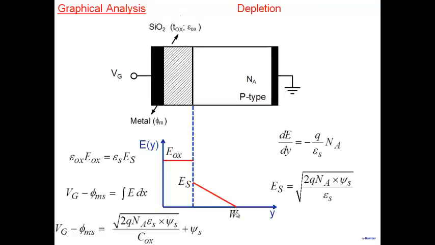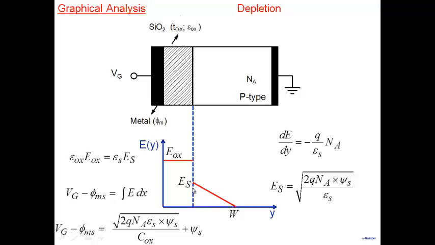And this equation can also be used for estimating the threshold voltage, because at threshold voltage the system is just entering into strong inversion. I'll show you later in the discussion today that the amount of inversion charge at threshold is actually very small.